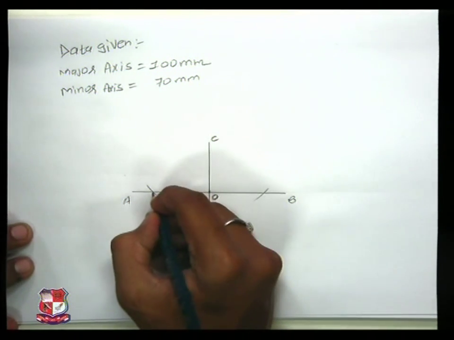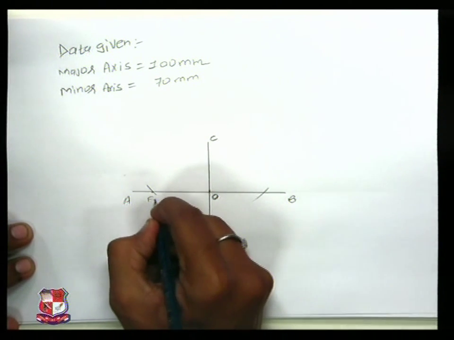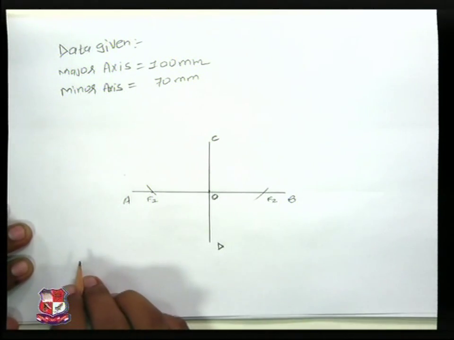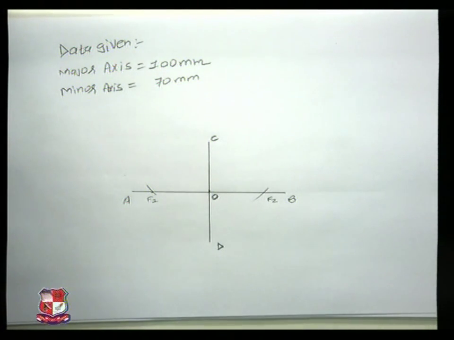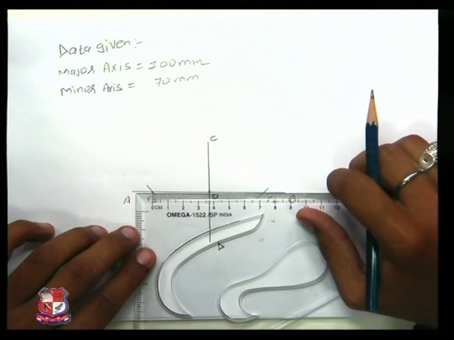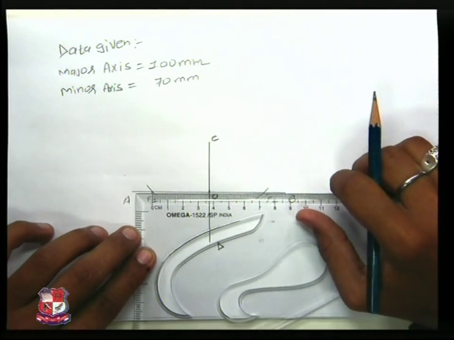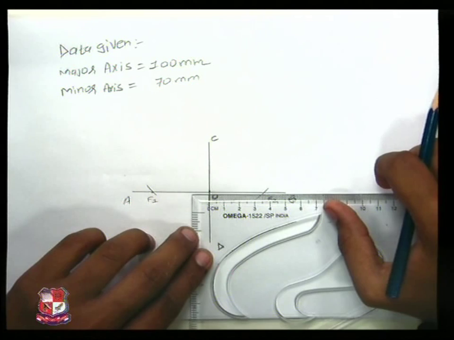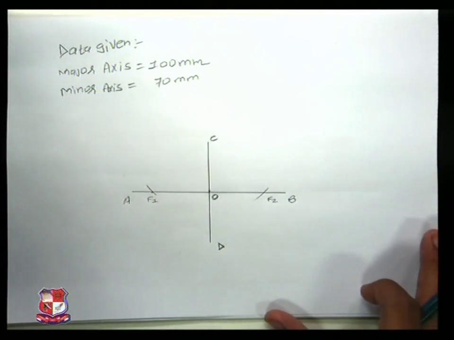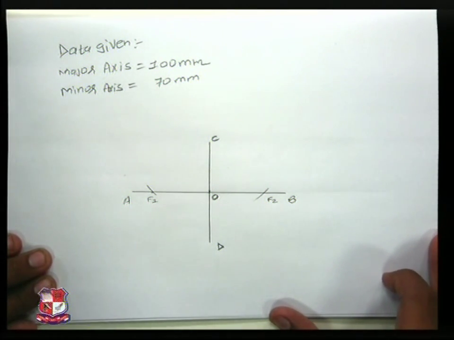The two points which you get are the focus points F1 and F2. Now we'll measure this F1F2 to see what its length is. Its length comes to around 38 mm or something. Now we need to divide this OF1 into equal parts.